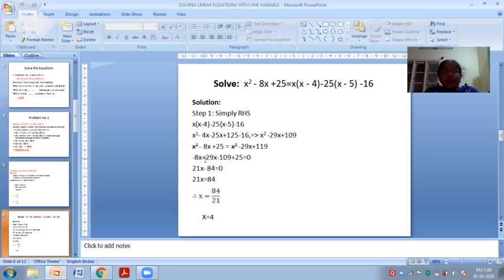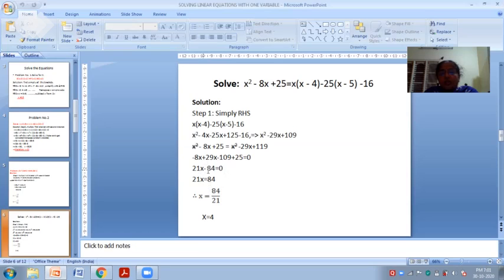That means here 29 plus sign, 8 is minus sign. What is remaining? 21x. Here 109 is minus sign, this is plus sign. How much is remaining? Minus 84. 109 minus 25. What is the sign? Here 109 is a bigger number, so the bigger number's sign should be kept here. So minus 84. So 21x is equal to, transpose this to this side.